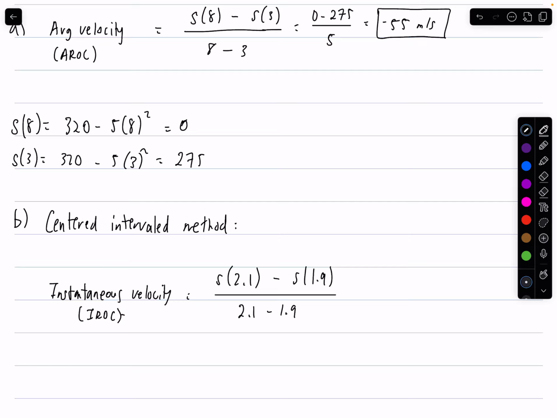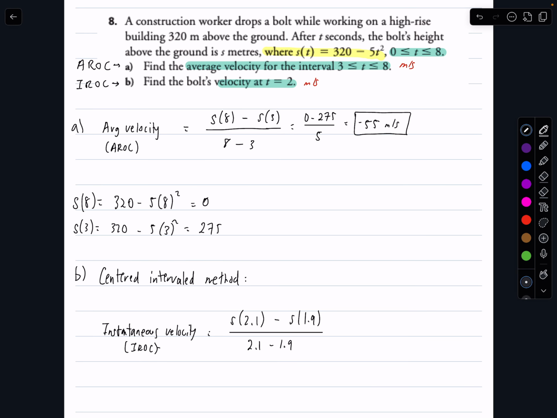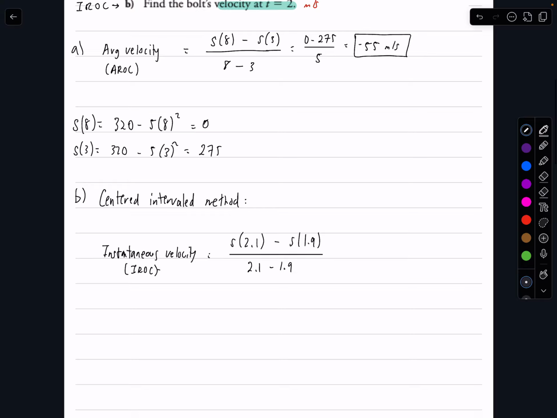Remember, with the centered interval method, we're taking a point that's to the right of 2 and a point to the left of 2. But we want those 2 points to be really, really close to 2 when it comes to approximating the IROC. So let's do that.